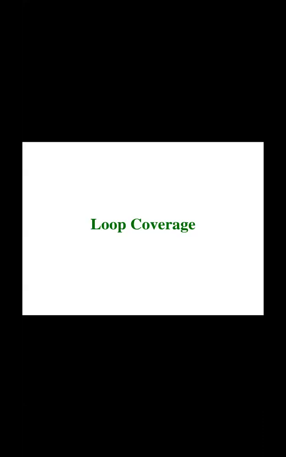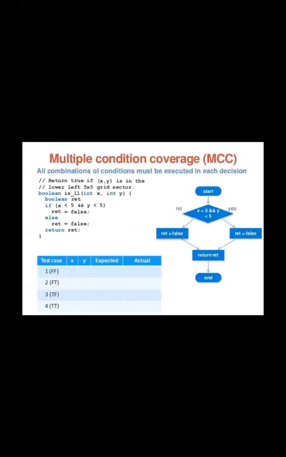For the same multiple condition coverage, we take another example. Here we are taking int x, int y, Boolean return value. If x is less than 10 and y is greater than 5, return false, else return false, and return the return value. So for this given program, we are drawing the corresponding flow graph.